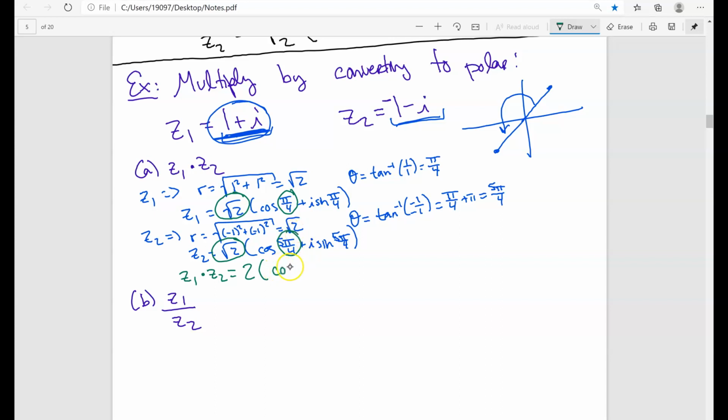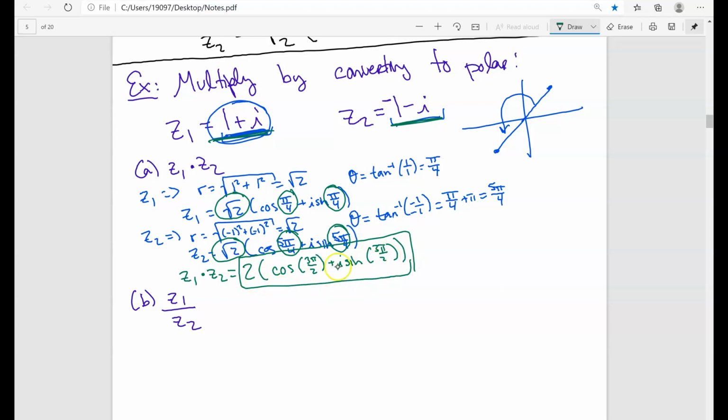That's going to be cosine of 6 pi over 4, which is going to be 3 pi over 2. Plus i sine of adding this guy together again. That's again 3 pi over 2.